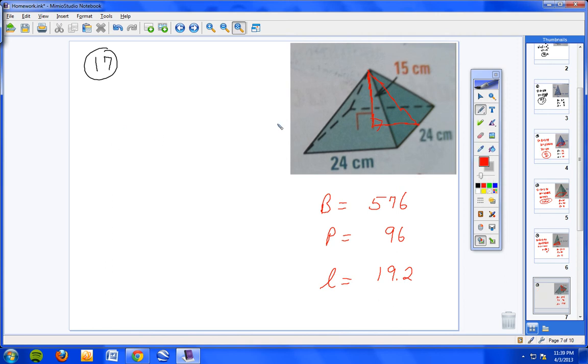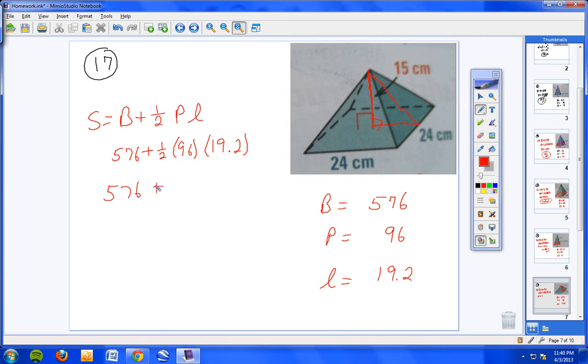Now my formula would be this right here. For B, I'm going to substitute 576, for P, I'm going to substitute 96, and for my slant height, I'm going to substitute 19.2. I'm going to bring down my 576.